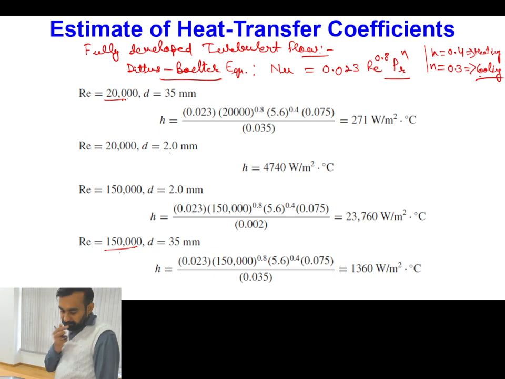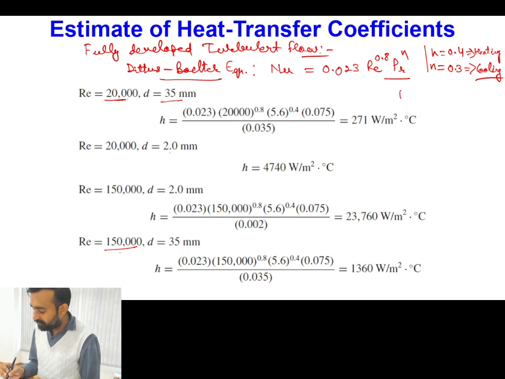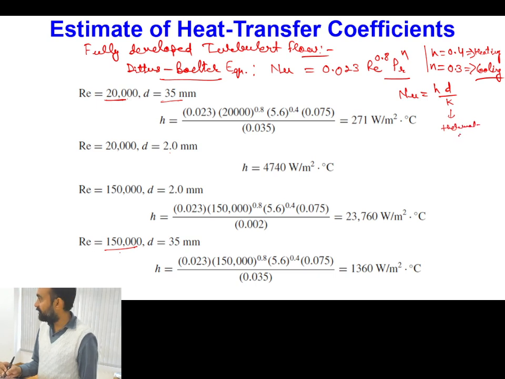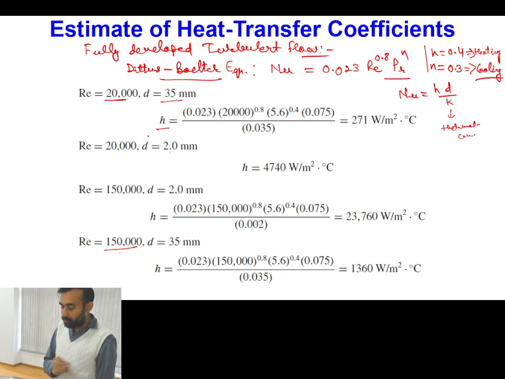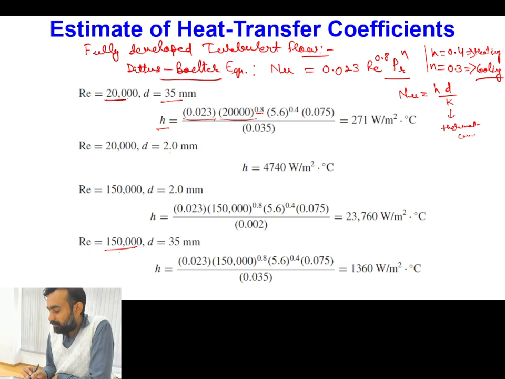Okay, so what we will be doing now, whenever my Reynolds number is 20,000 and D is equal to 35 mm. Now Nusselt number, how can I write? Nusselt number can be written in terms of hD by k, where k will be the thermal conductivity of the refrigerant, so I can calculate h from here. So what was the Nusselt number? Nusselt number is 0.023 into Reynolds number power 0.8 into Prandtl number power 0.4.